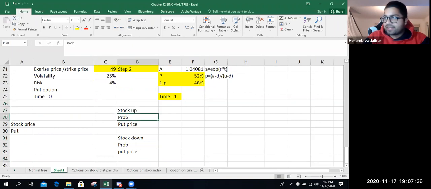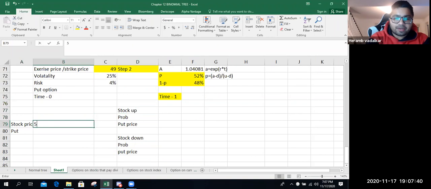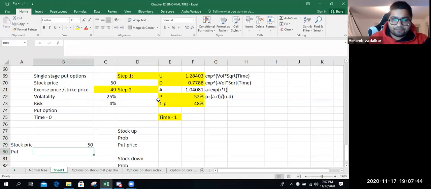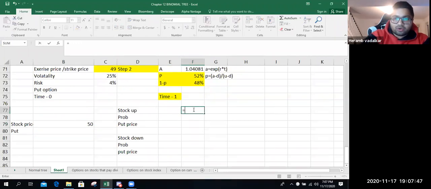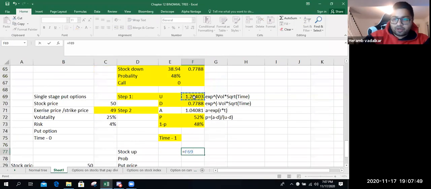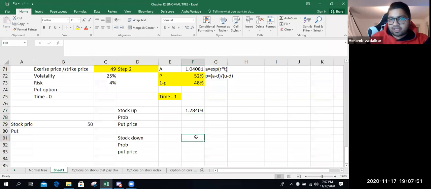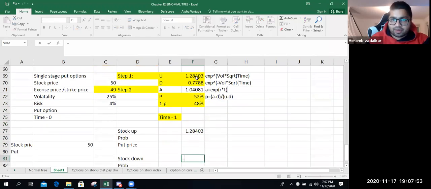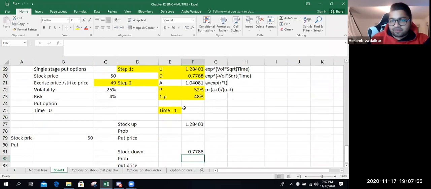So let's start filling it out. Stock price right now is 50 bucks. That is given to you. Stock goes up by 1.28 times, or goes down by 0.77 times.